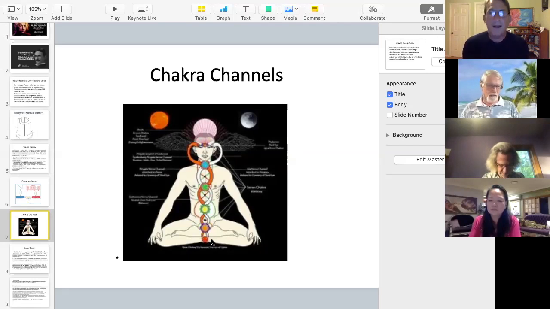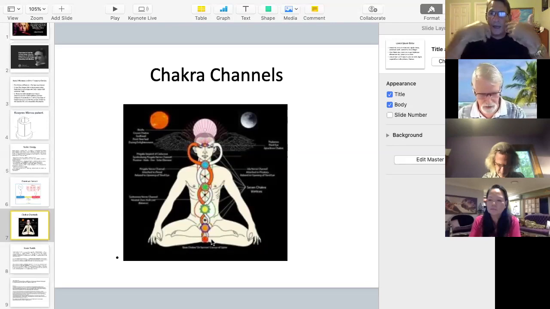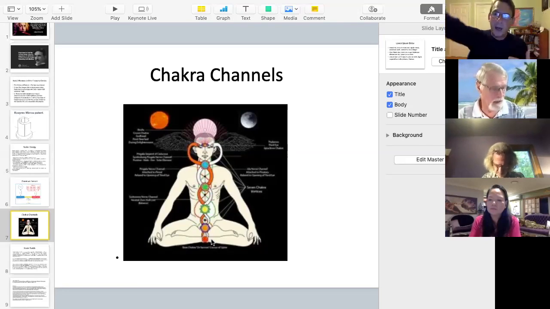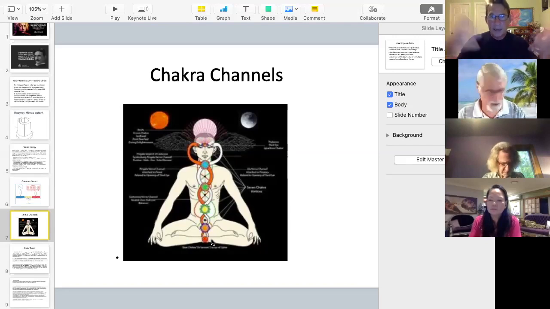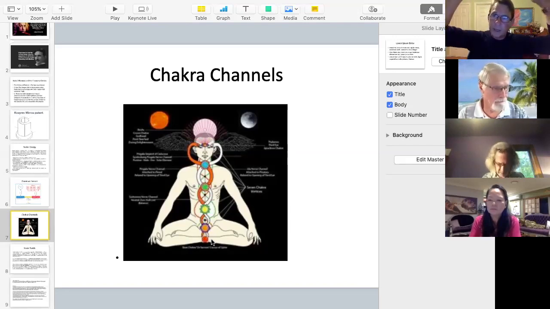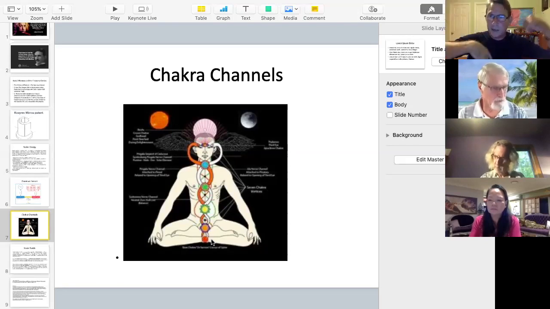That's why we call her Mother, because she's providing an energetic nourishment up through the base chakra, which is often what we call the yin energy, the yin kundalini energy that comes up into the body, and then we can transform that and move it around the body and mix it with other energies that we get from our environment, which we get from higher dimensions and cosmic radiations. The cosmic radiations can come down through the crown chakra and then go into the channels and meet up with the earth energies.